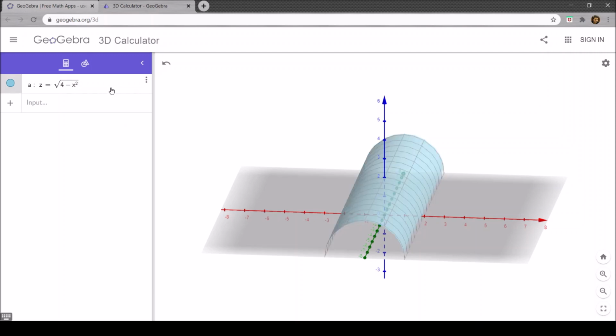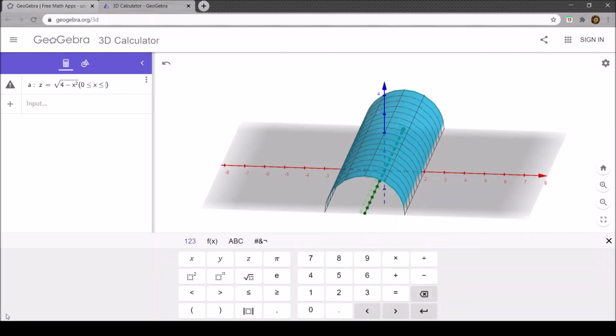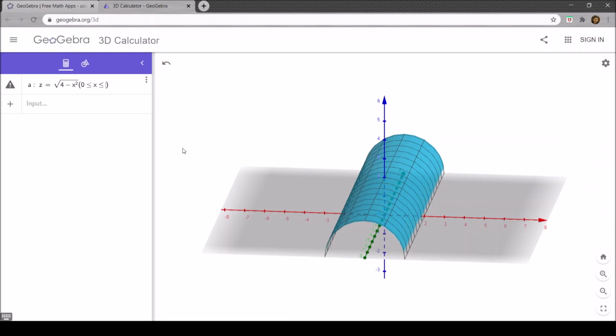But now we want the restriction on this. What is the restriction? Our x is also positive. So 0 less than or equal to x less than or equal to 2. The symbol is there on the keyboard. If not, you can click on the virtual keyboard and use whatever symbols you want. So that was one thing. And then what was the second thing? Our y.